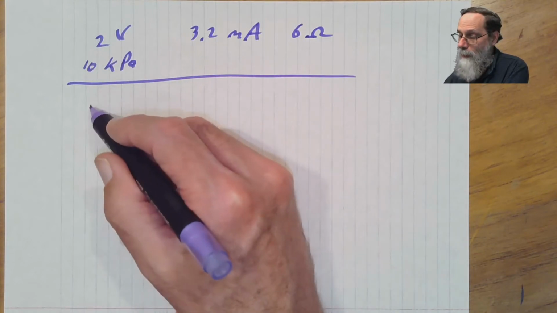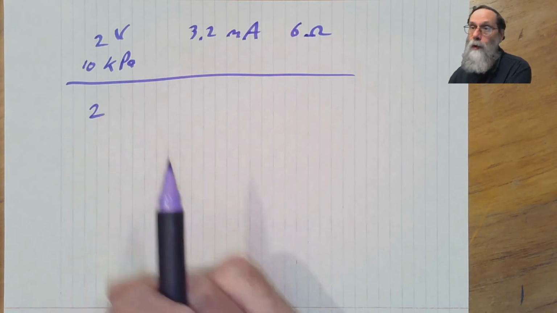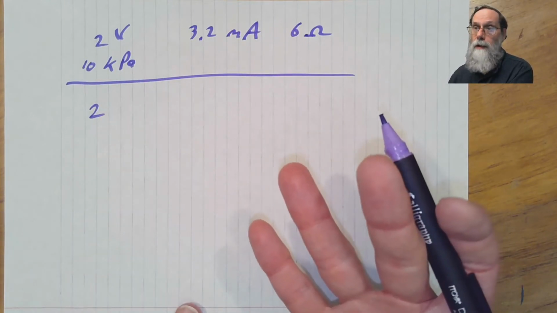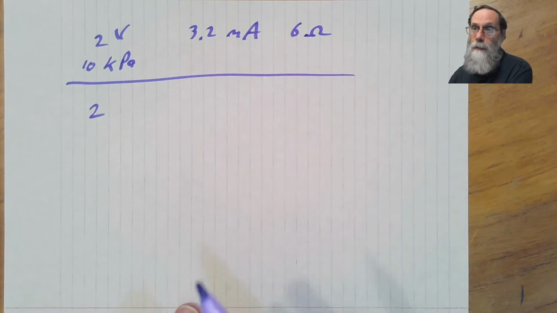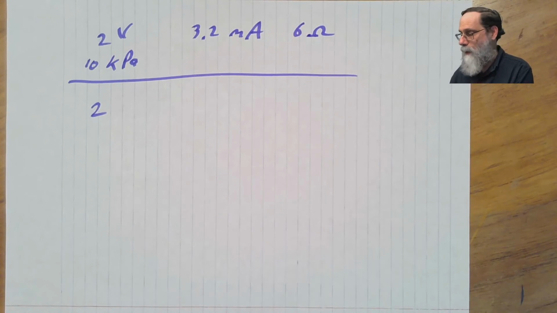You do not ever want to write 2 and say, oh, that's a voltage, because it isn't. If you write 2 and it's supposed to be a voltage, you're just wrong. You haven't said the units. And the units are an essential part of the number. You never want to leave the numbers out.